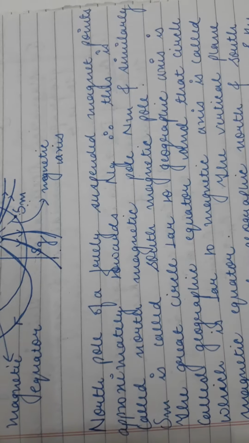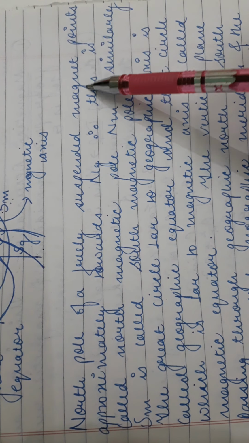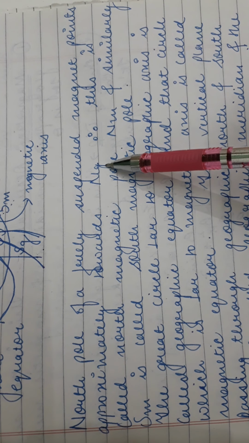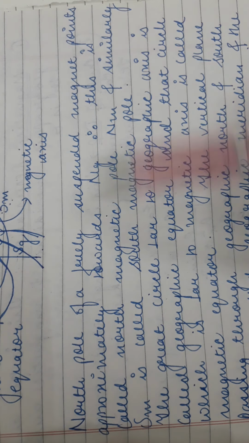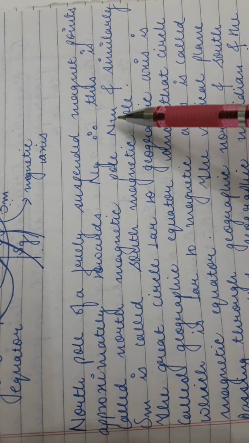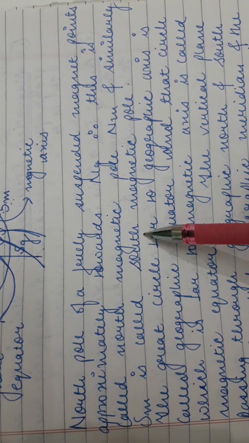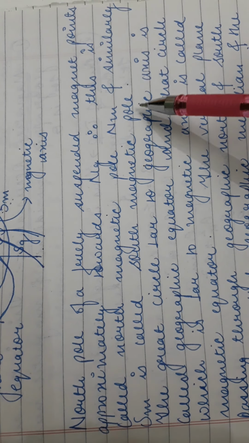Now let me describe this Earth's magnetism. The north pole of a freely suspended magnet points approximately towards geographical north, NG, where NG means geographical north. Therefore this is called the north magnetic pole, NM, and similarly SM is called the south magnetic pole.